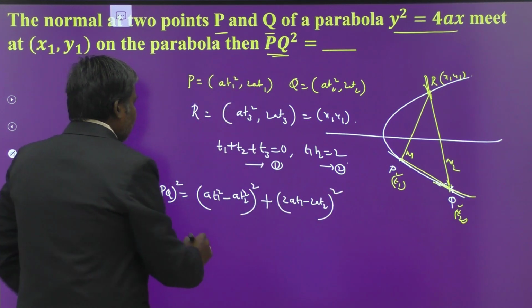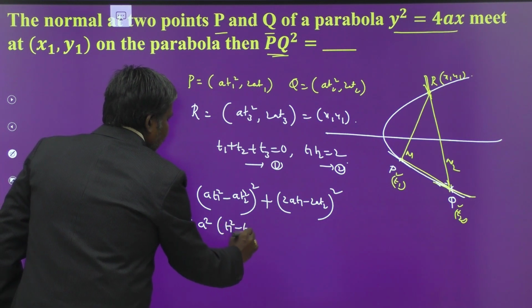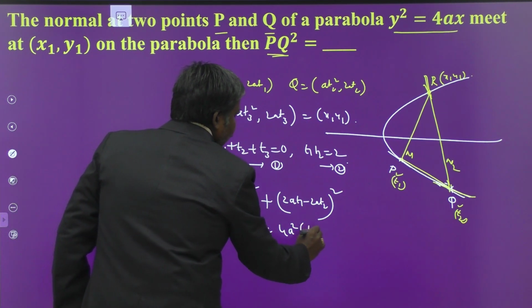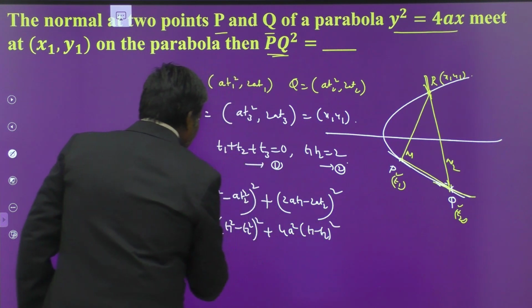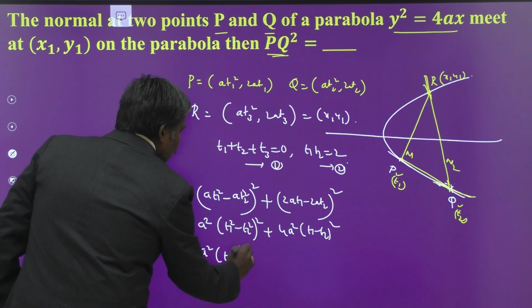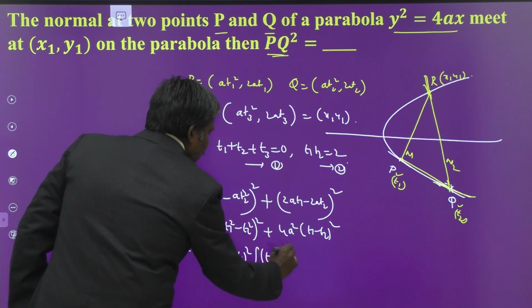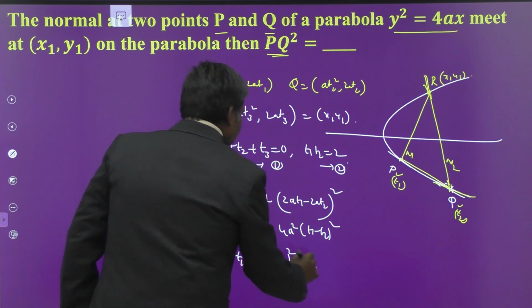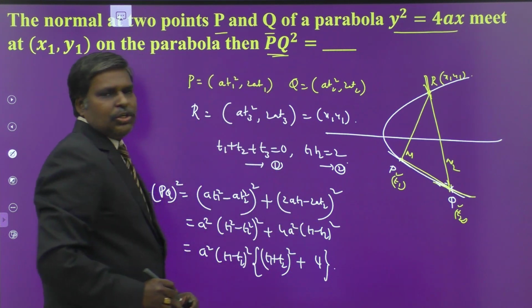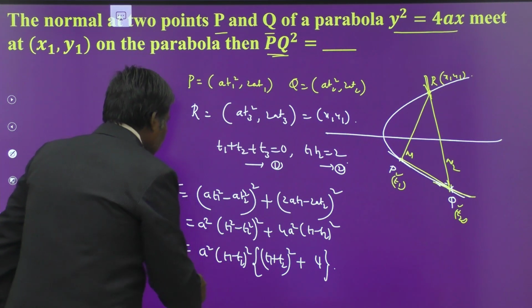You can take a common. That becomes a square into (t1 square minus t2 square) whole square plus 4a square times (t1 minus t2) whole square. You can take a square into (t1 minus t2) whole square common, then you have (t1 plus t2) whole square plus 4. You can convert this also in terms of t1 plus t2.